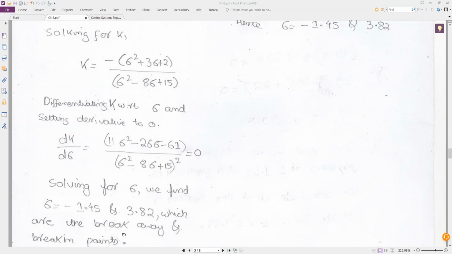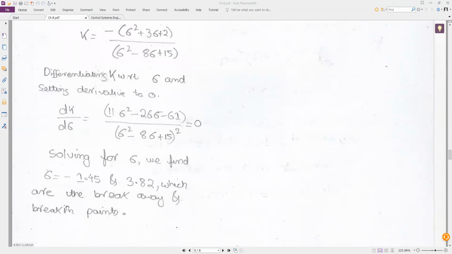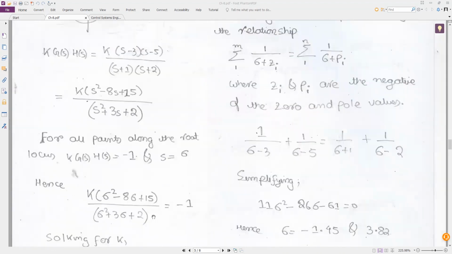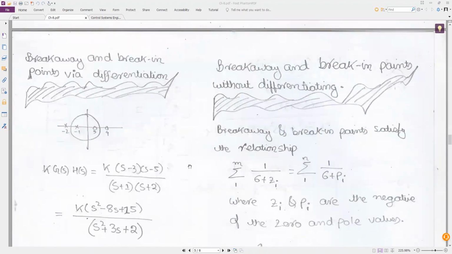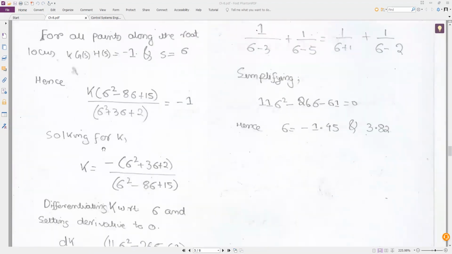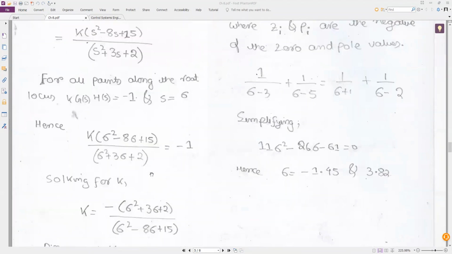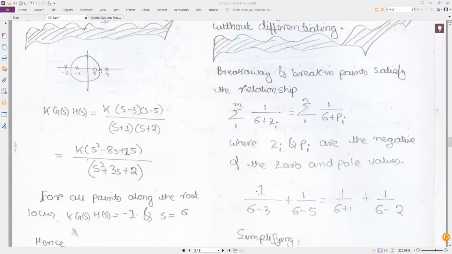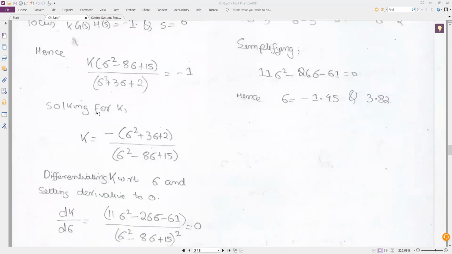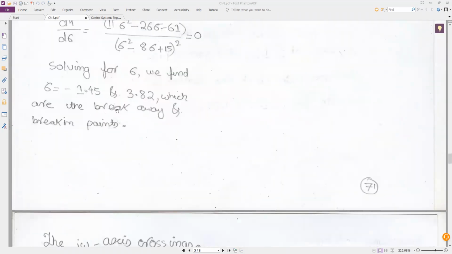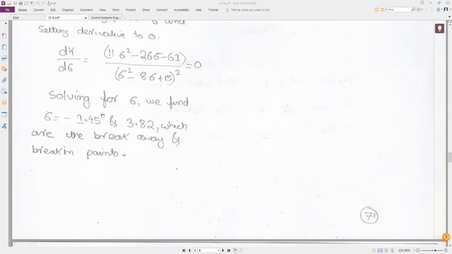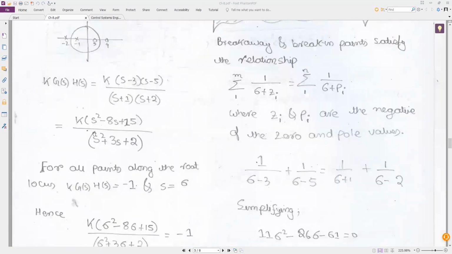If you do the calculation, these are the breakaway and break-in points. So with the differentiation, one point is 3.82, which is the breakaway point, and minus 1 point something is the break-in point. Like this way we can calculate.